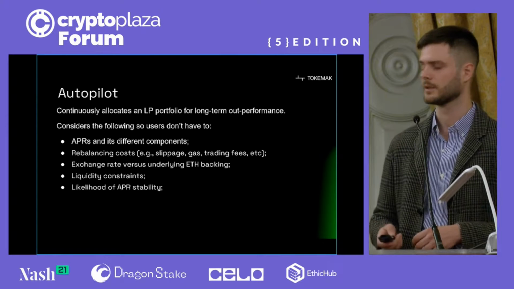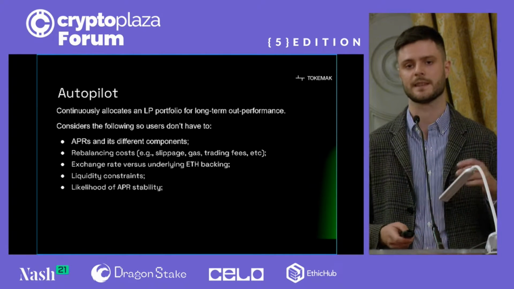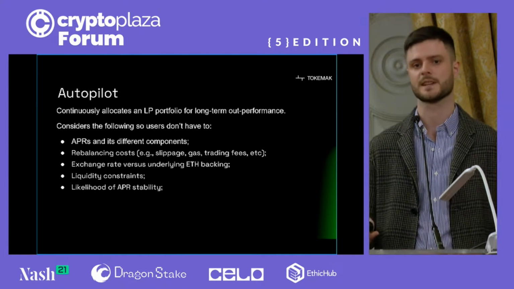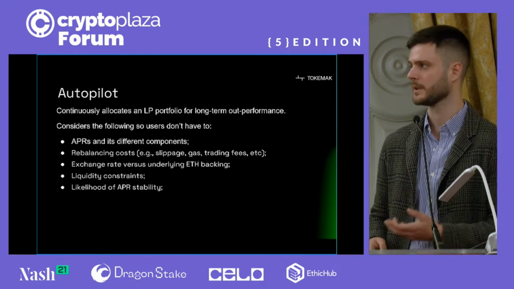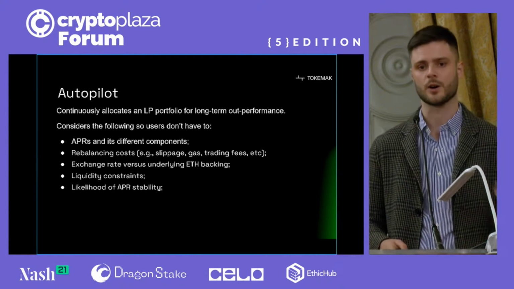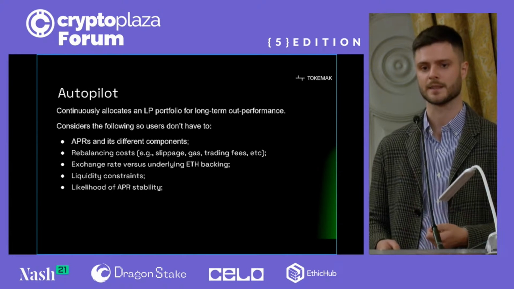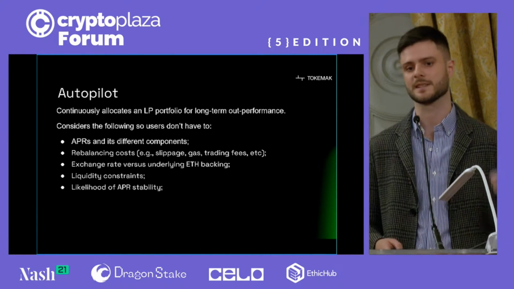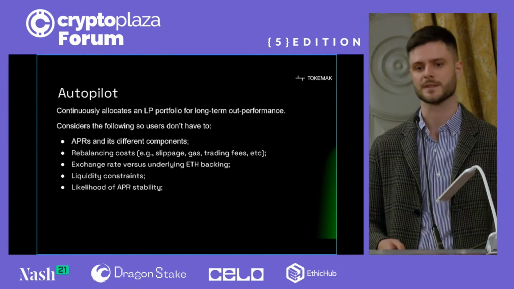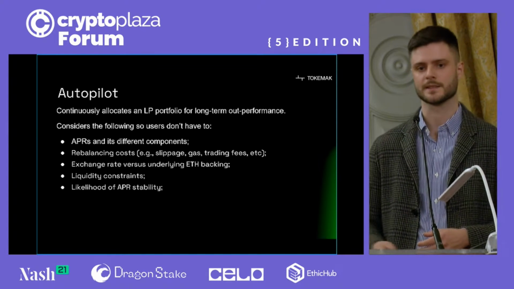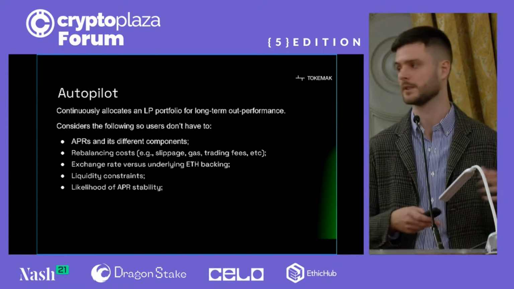Then we also account for liquidity constraints, meaning that for any pool present on the option set, if you allocate liquidity to it, you need to ensure that you can always exit to the underlying asset, which at first will be ETH, but as I mentioned, we're going to expand to stablecoins, and then other volatile assets that are going to be categorized by volatility.